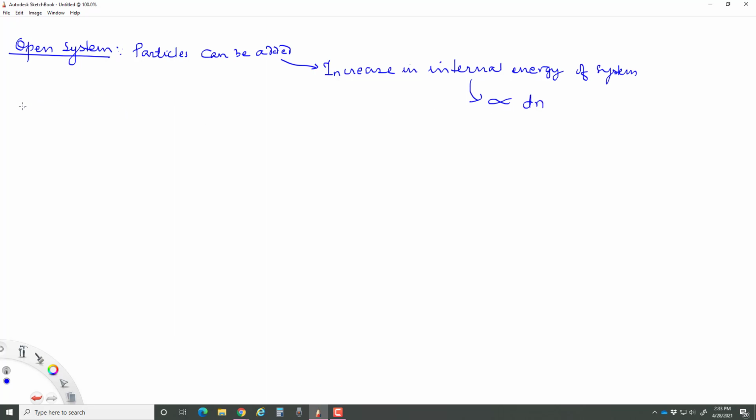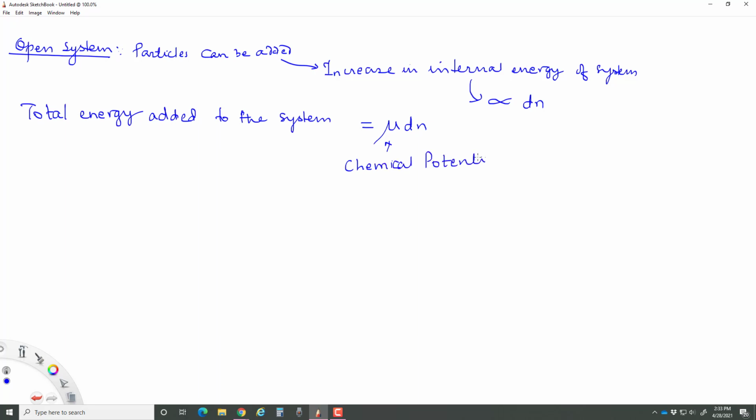So the total energy added to the system is given by mu times dn, and this mu is called the chemical potential. This chemical potential is associated with intermolecular interaction or intermolecular force.